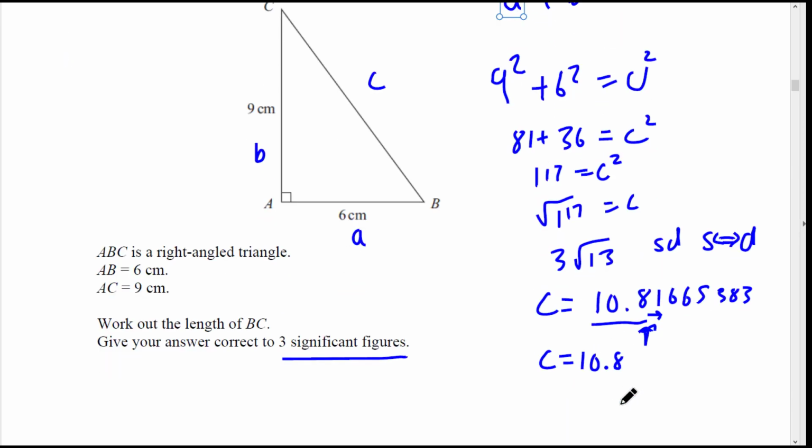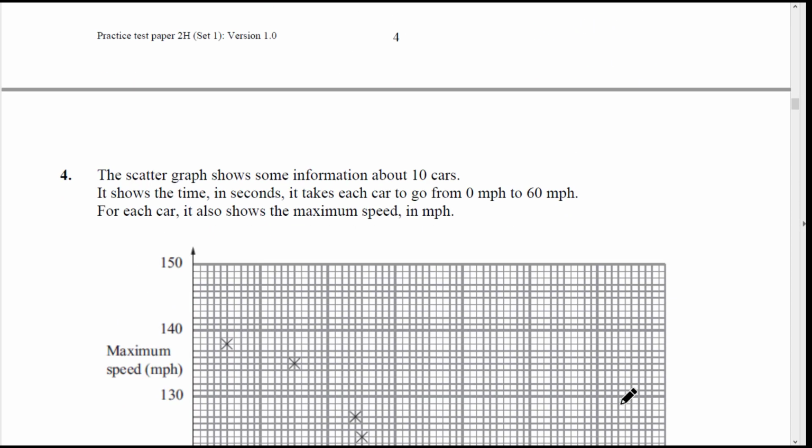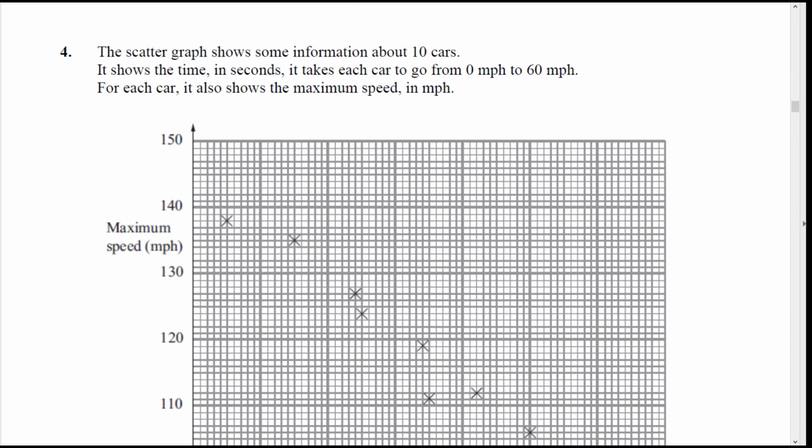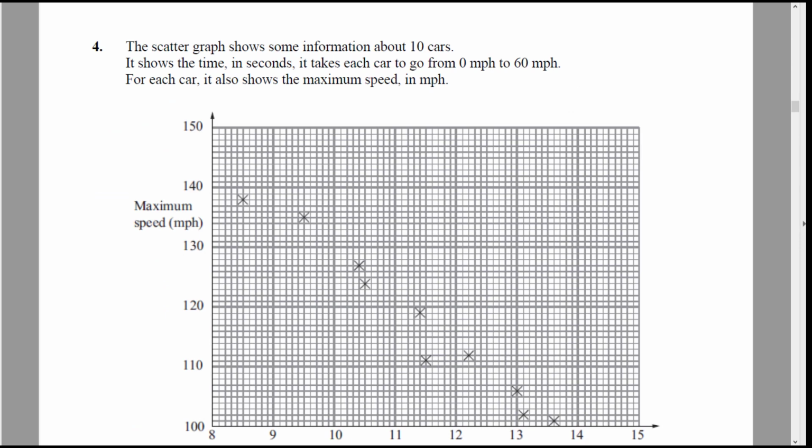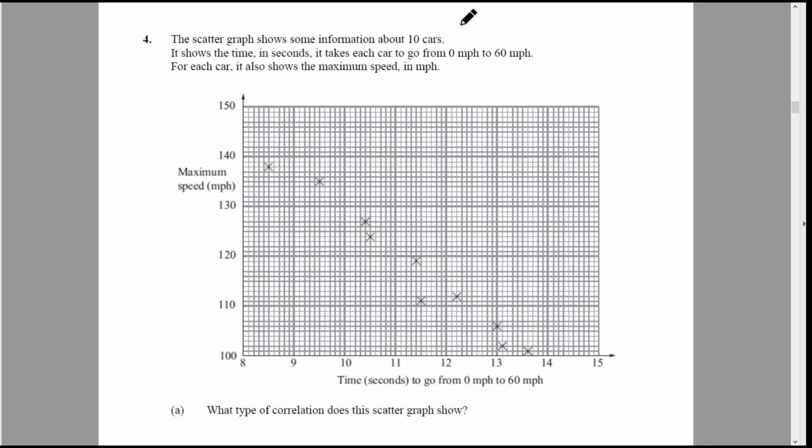That's some easy. Question 4, scattergraphs. Read the question. What type of correlation does this scattergraph show? So it's going downhill from left to right, so if you're down, you know that's a negative correlation.